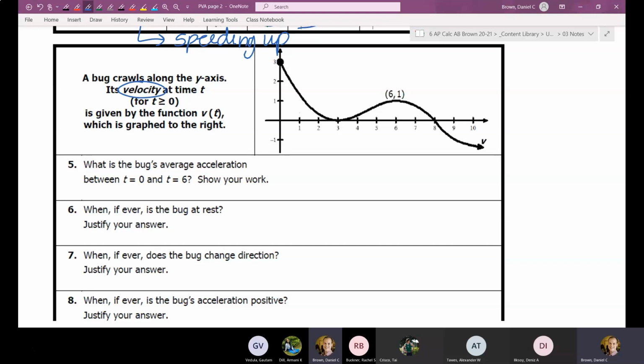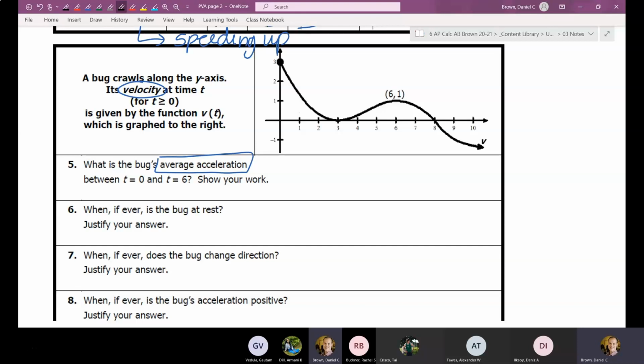I have, what is the average acceleration between 0 and 6? When we see average in a calculus class, average is always your clue that you're doing an old school slope: change in y over the change in x. Average acceleration is literally just the change in velocity over the change in time.